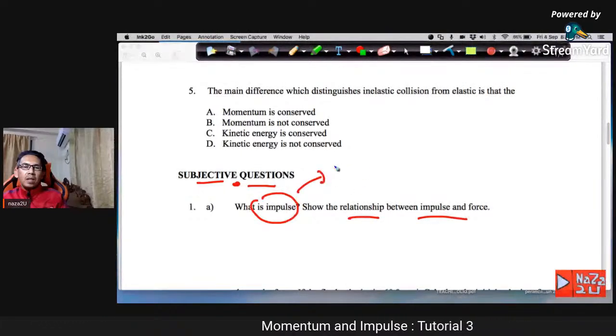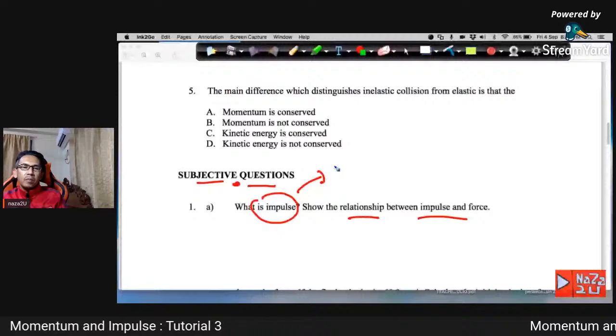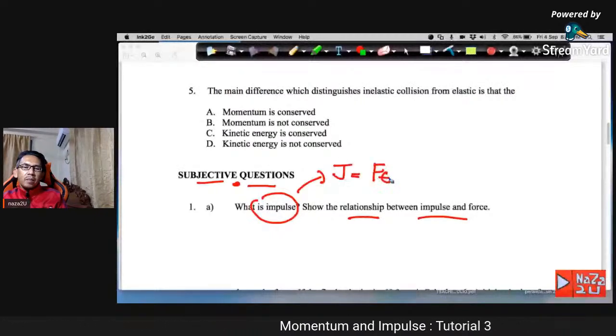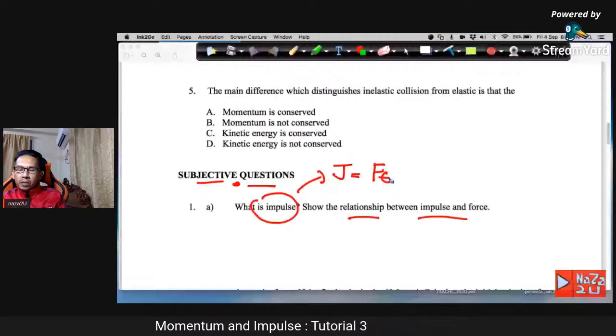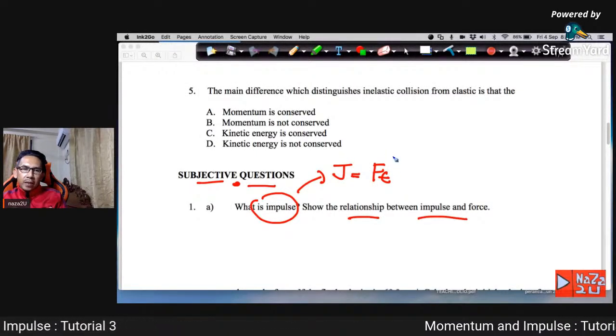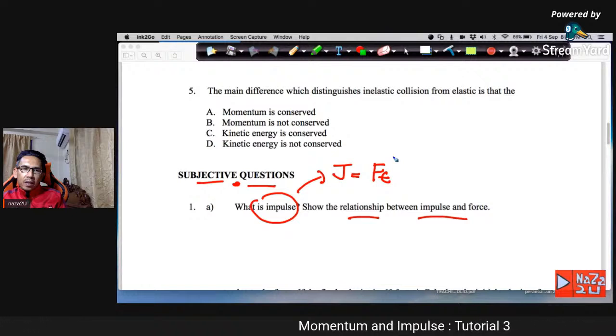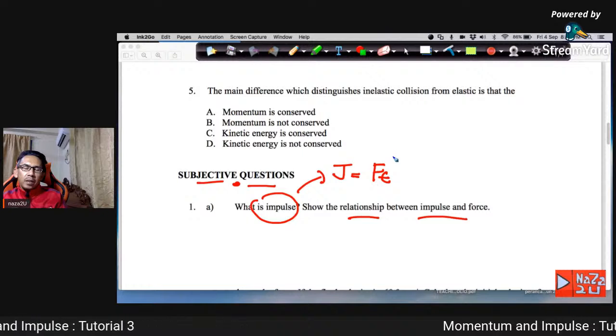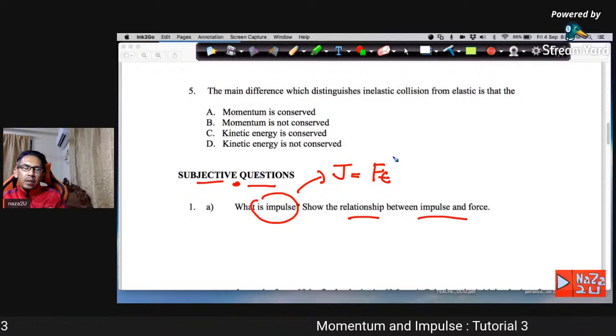First, the symbol of impulse is J, and the impulse is the product of force and time T. So this is how you can define, apa kita nak jelaskan itu impulse. So kita boleh kaitkan dengan force and time T.